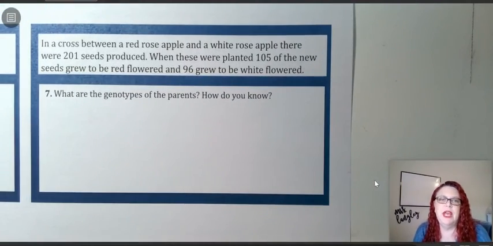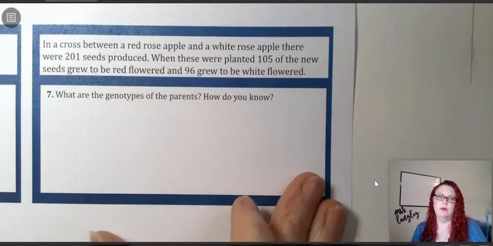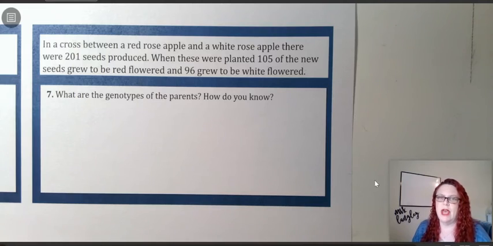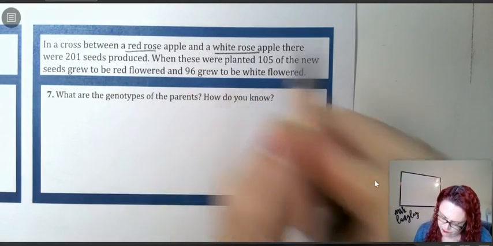In a cross between a red rose apple and a white rose apple, there were 201 seeds produced. When these were planted, 105 of the new seeds grew to be red, and 96 grew to be white. So what do I know about the genotypes of the parents? Okay, so it said that I crossed red and white. So I had a red and a white.